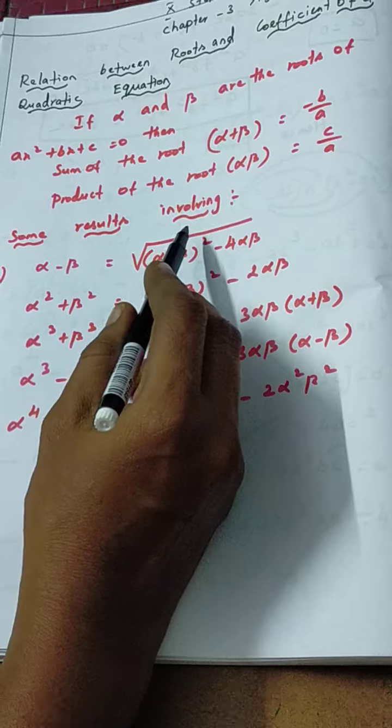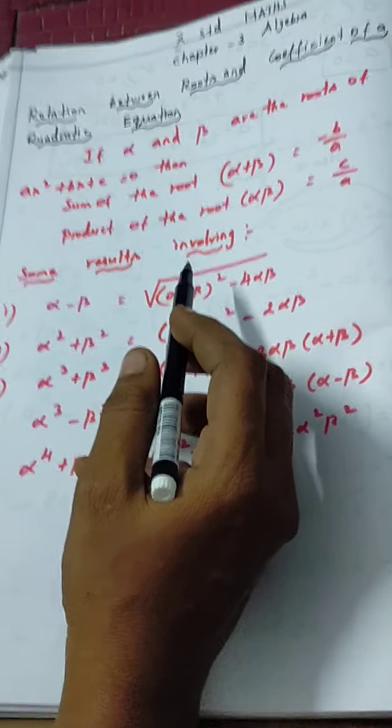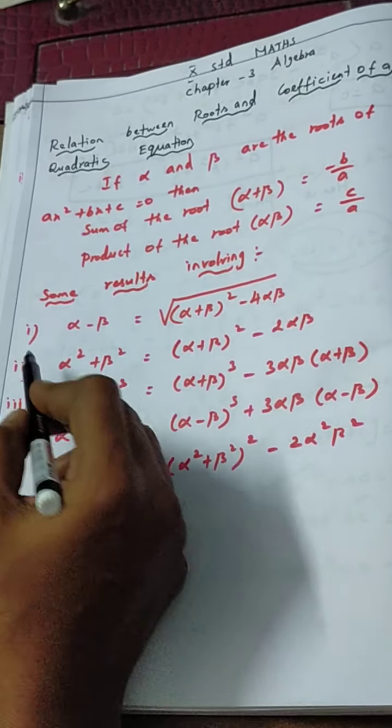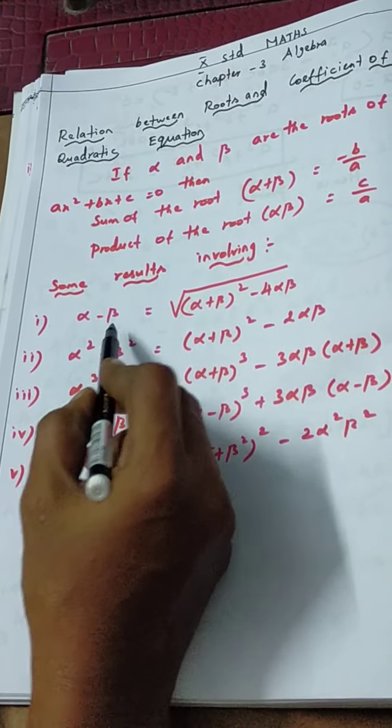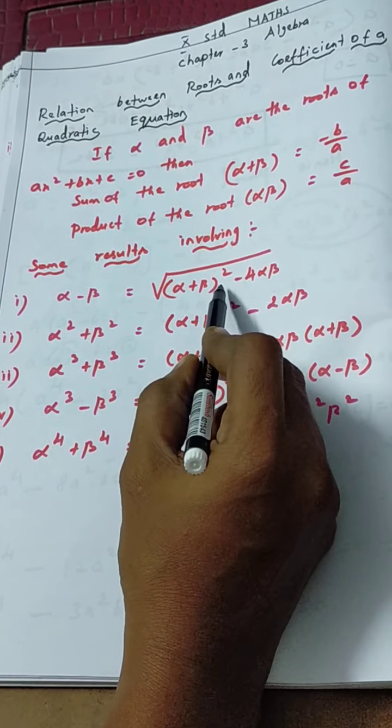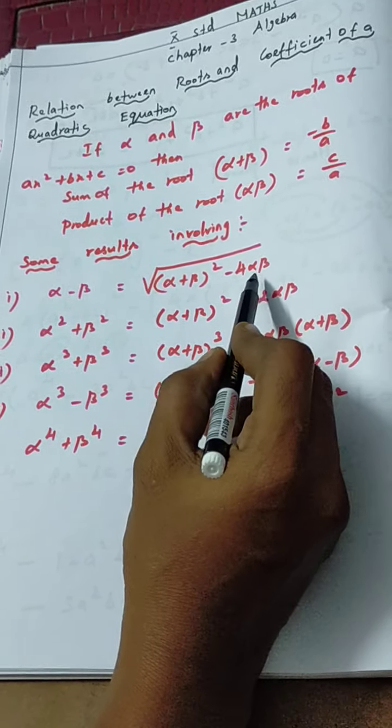Okay, some results involving the roots of the equation. Learn the 5 results. First one, alpha minus beta equals square root of (alpha plus beta) whole square minus 4 alpha beta.